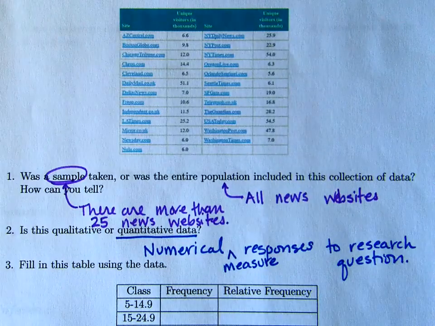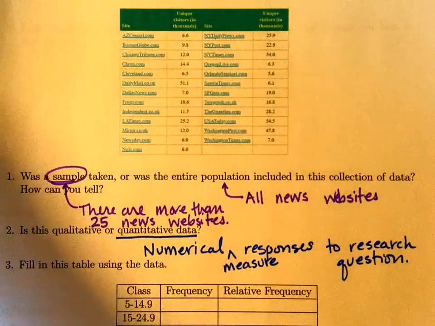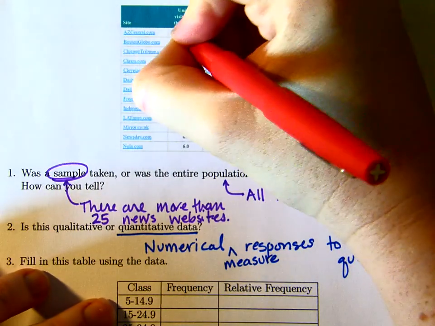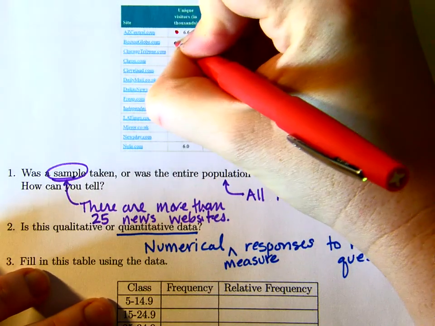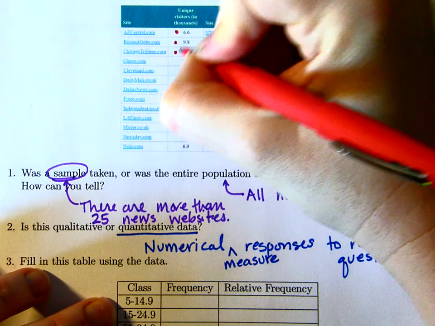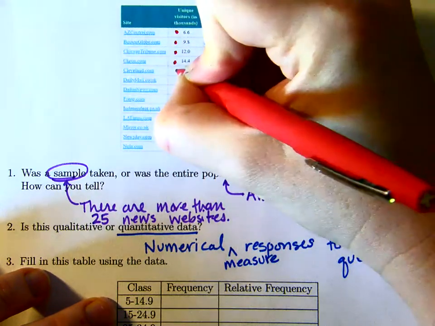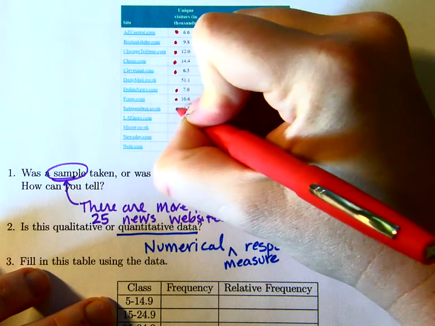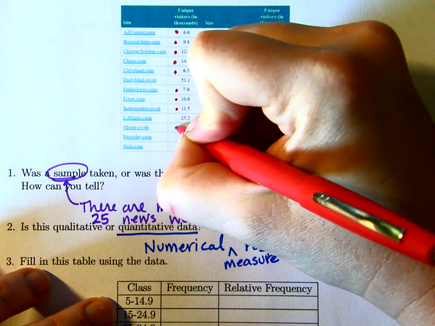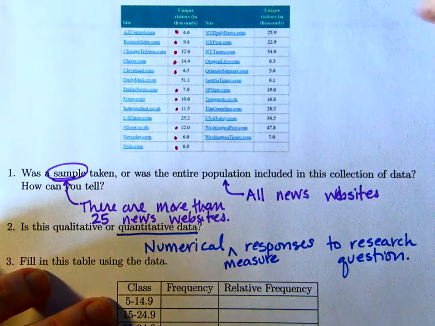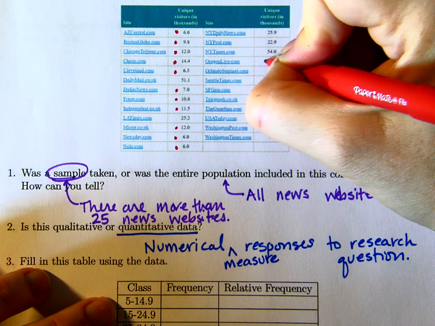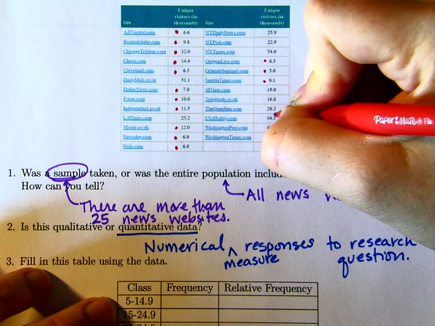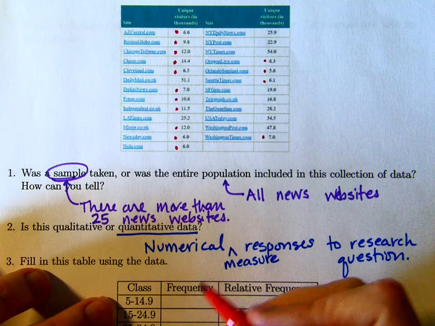So let's start this count. Okay, I see 1, 2, 3, 4, 5, 6, 7, 8, 9, 10, 11, 12, 13, 14, 15.